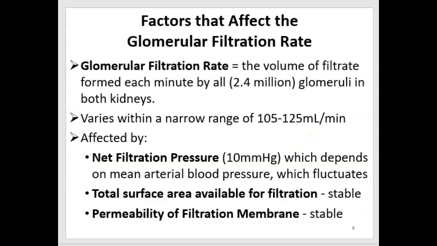Primarily, that's because, well, we want it to be able to change with any of our needs, but it also fluctuates slightly based on arterial blood pressure, which also fluctuates. But we don't want filtration pressure to vary as much as blood pressure does. So we're going to see some mechanisms that help keep this tight range of glomerular filtration rate.